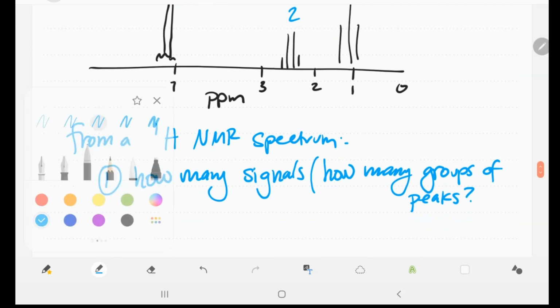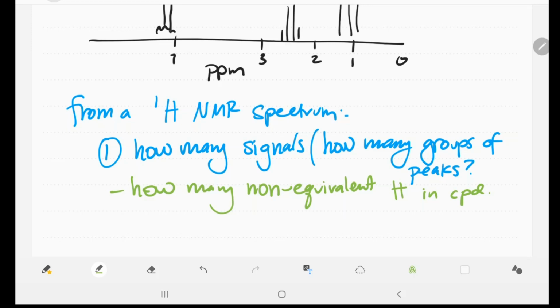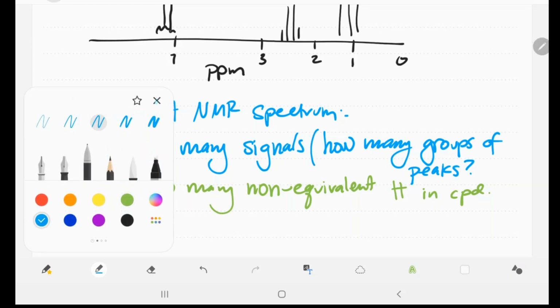And the corresponding information to this is how many non-equivalent hydrogens there are. And we'll see what we mean by non-equivalent in a second. So the number of peaks on your spectrum tells you how many types of hydrogen you have. And by types, we mean their kind of immediate environment. So it's going to tell us stuff about the symmetry of the molecule.